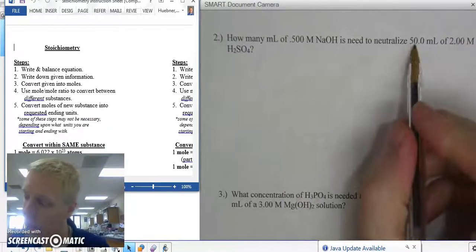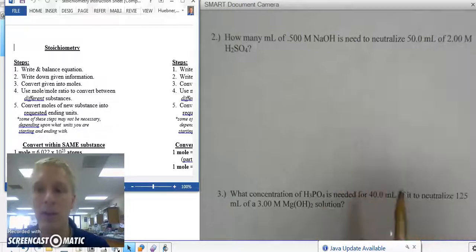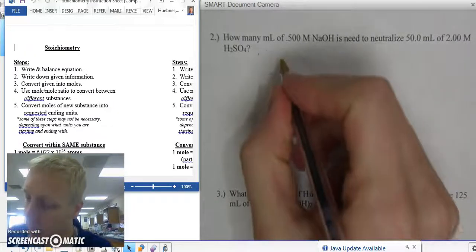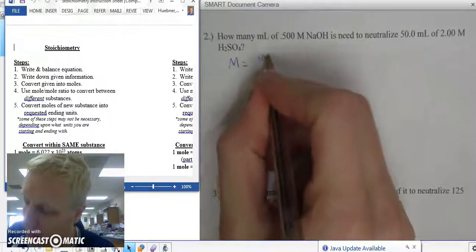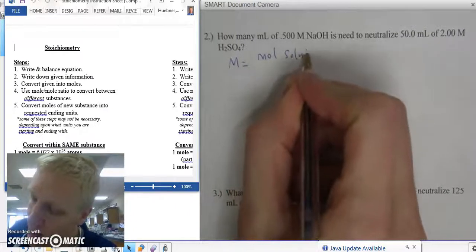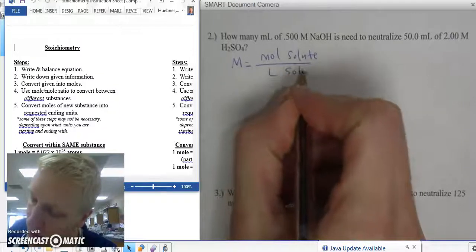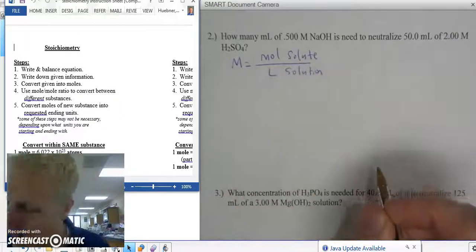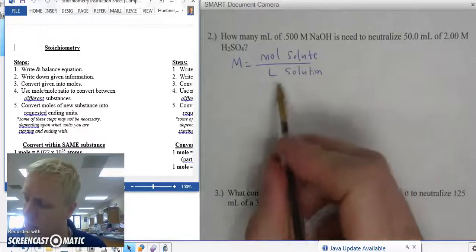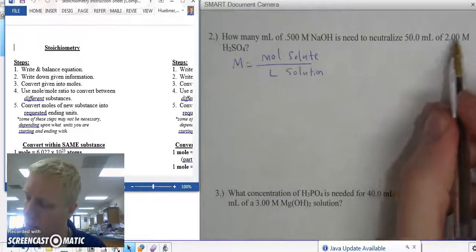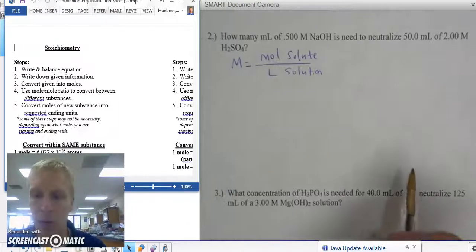It's going to be the one where I'm given two numbers. Because remember, the molarity equation is, let me just write it right here, moles of solute over liters of solution. So we have our volume, which is liters of solution, we've got our molarity, we can find moles.